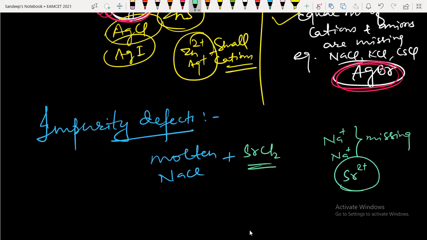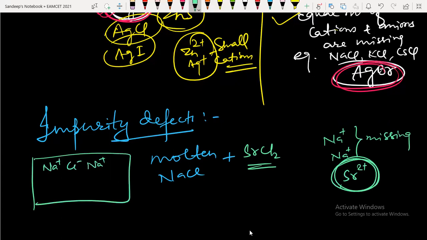Suppose you see the crystal like Na plus Cl minus, Na plus Cl minus. Here is the missing cation, then Cl minus. Here is sodium ion, here is Cl minus, here is missing.